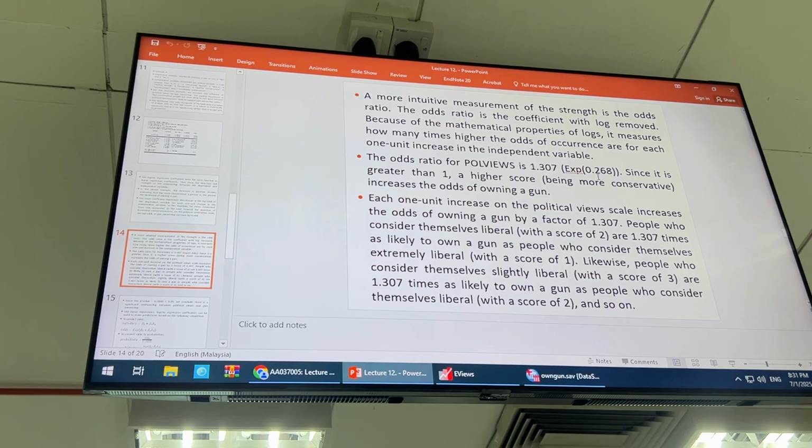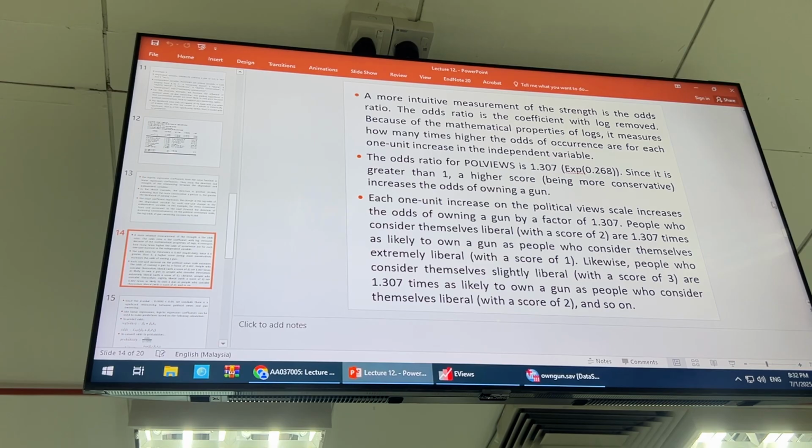Since it is greater than 1, it means that a higher score, being more conservative, increases the odds of owning a gun. Remember, if the odds ratio equals 1, there is equal probability for occurrence against non-occurrence. If greater than 1, the chance of success is higher than non-success: occurrence is more likely to happen as compared to non-occurrence.